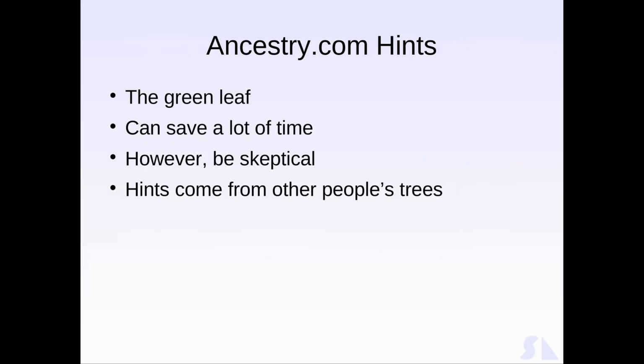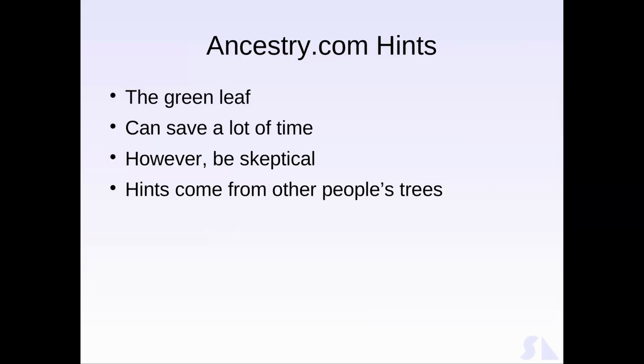Okay, so Ancestry has these hints. You've seen these little green leaves. If you've never used Ancestry, you've probably seen their commercials, and they show these little green leaves that give you hints for how to build your tree. And those are wonderful. They save a lot of time because most of these hints are good.